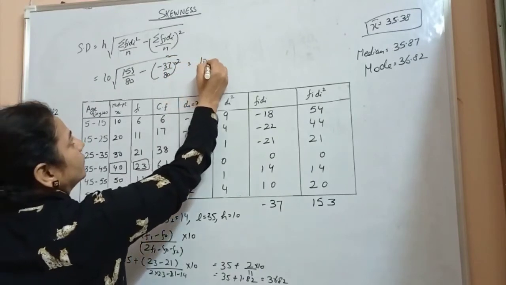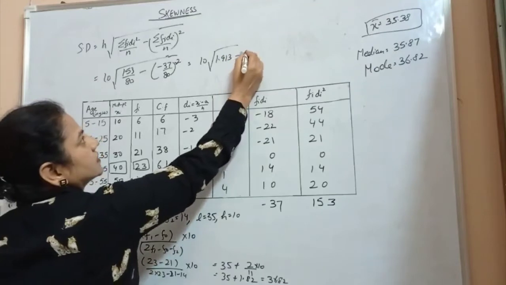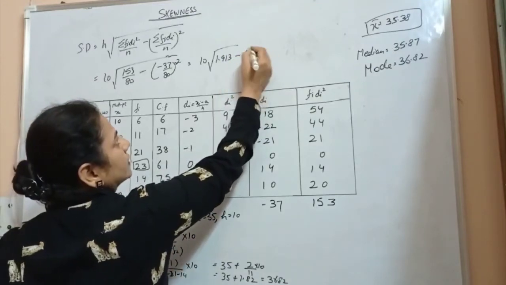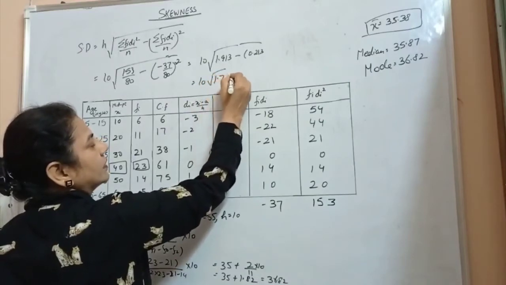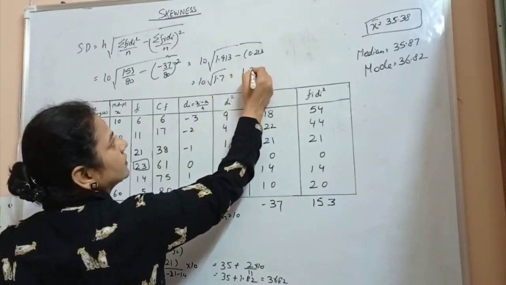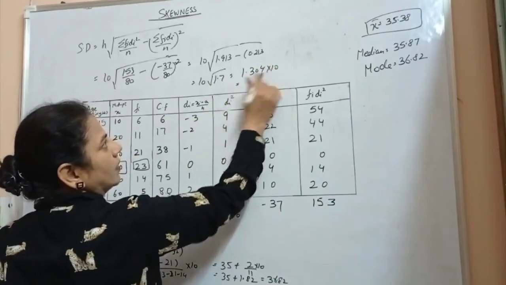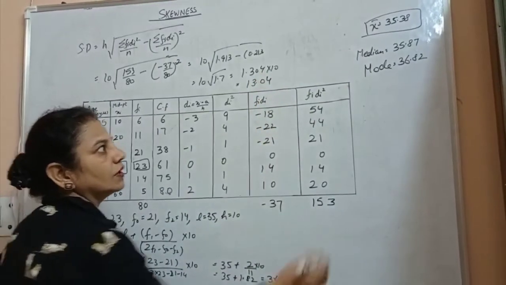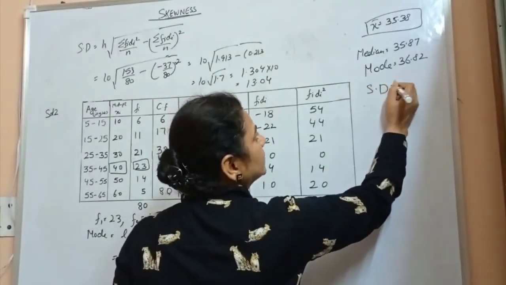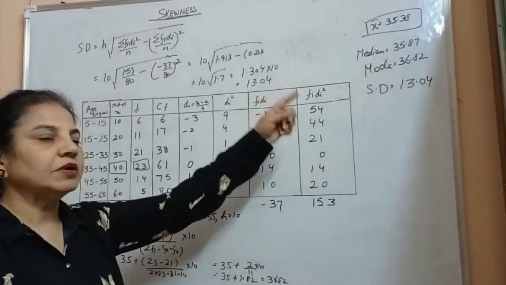On solving, we get 1.913 minus 0.213. That means 10 into square root of 1.7, which is 1.304 into 10. We will get 13.04. So here I will write the standard deviation is 13.04. All the information I am having.